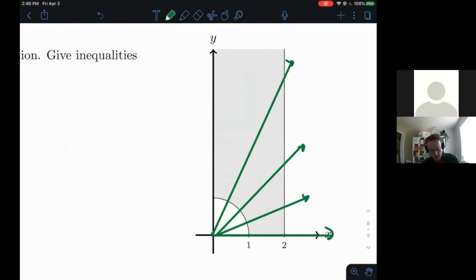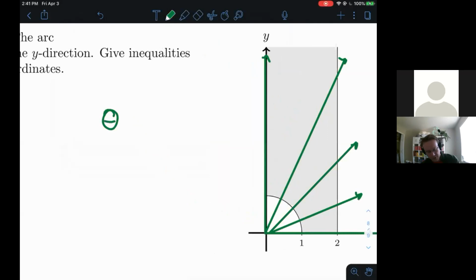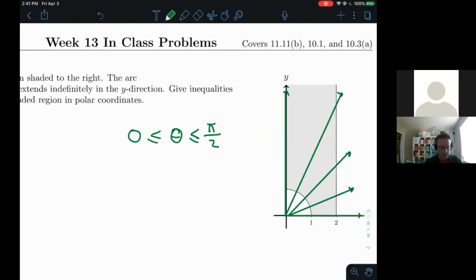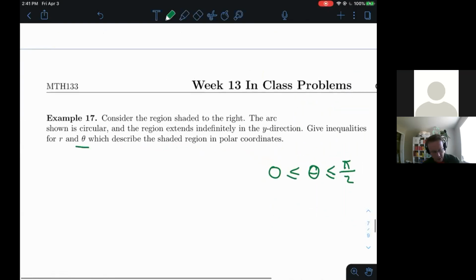Pi over 3, pi over 2, but then after that, I no longer am intersecting this region at all, right? So I don't need to include theta values that are greater than pi over 2. So I could say right now for theta, that theta ranges between 0 and pi over 2. That's where I need to actually be plugging in our theta values. So that's this. So the theta, done.